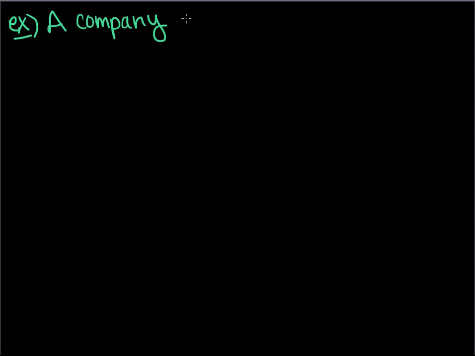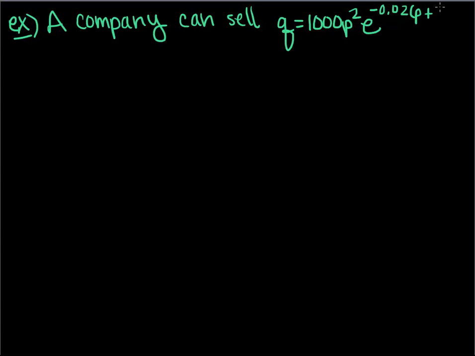So a company can sell, and now this is going to be awesome, look at this function. Here's my demand function: Q equals 1,000 P squared e raised to the negative 0.02 times P plus 5. I want to show you one that's not linear; they don't always have to be linear. I know that's a little crazy.